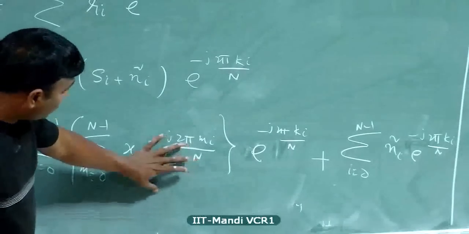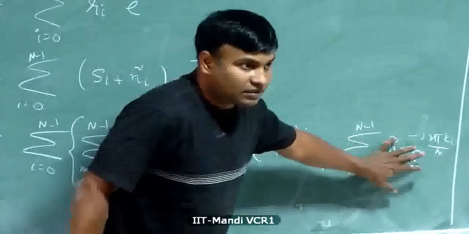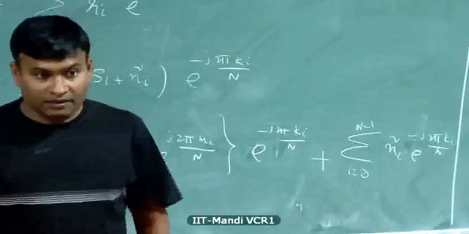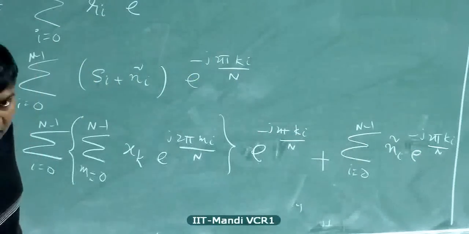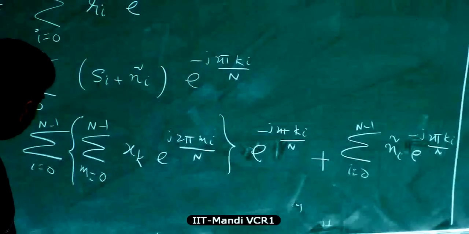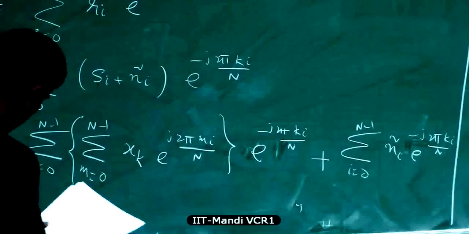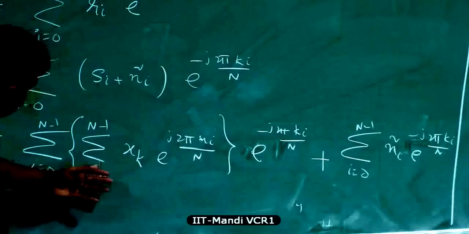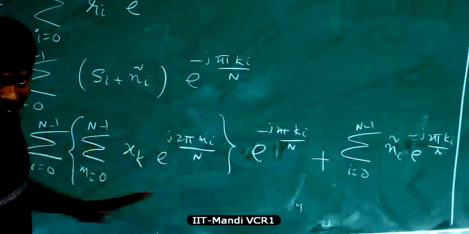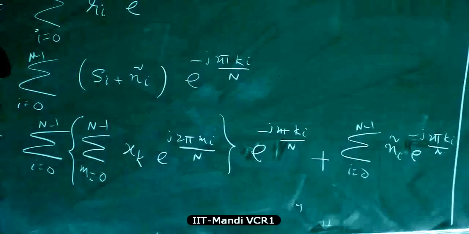Well, there is the useful signal component and there is a noise component. Okay, let's see what happens to the signal component, this complex expression. Well, it simplifies to something.